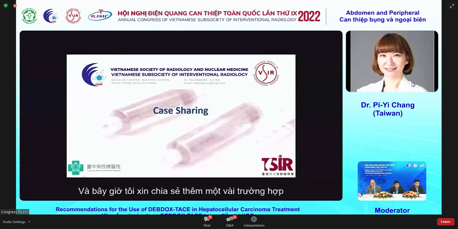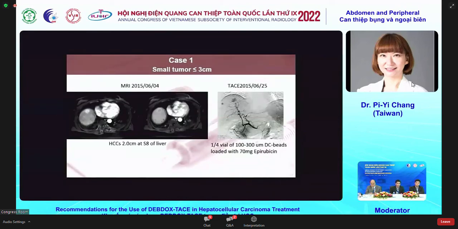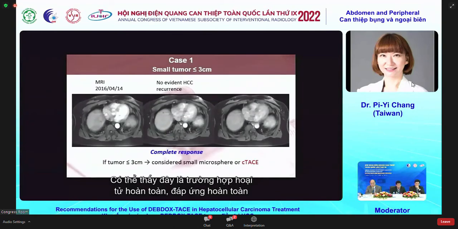And now I would like to share a few more cases with optimal results. This is a small tumor, smaller than 3 centimeters. You can see that we used 100 through 300 micrometer DCB. After the follow-up, you can see this is a complete necrosis, complete response case.